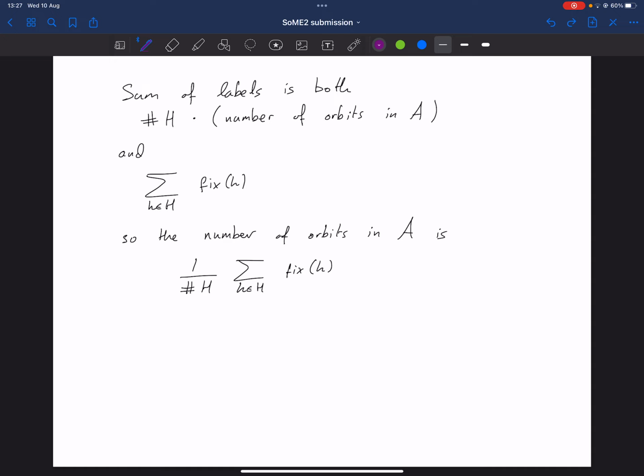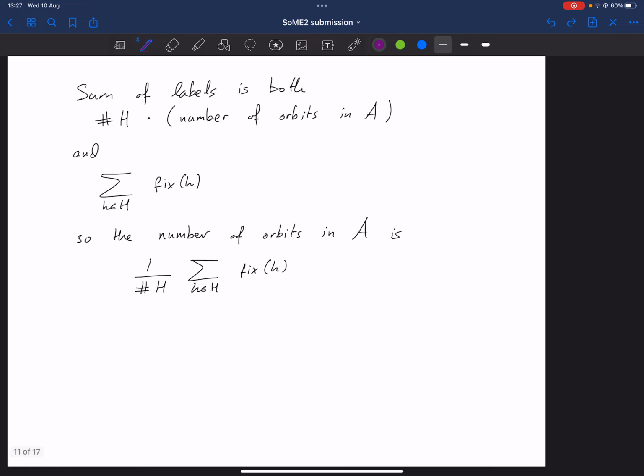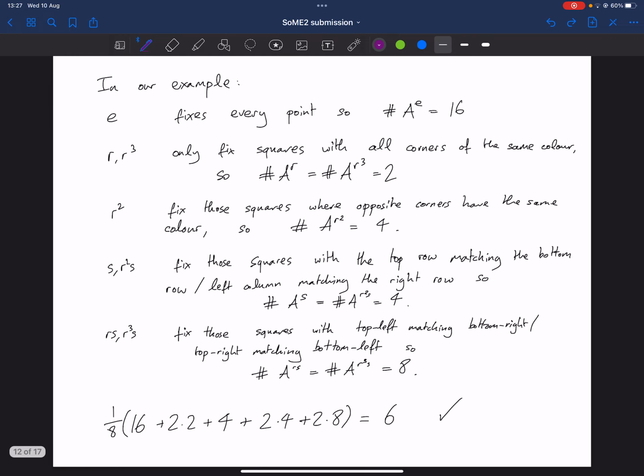If we equate these and rearrange, we get an expression for the number of orbits in A. It's 1 over the size of our subgroup H multiplied by the sum over H of the number of fixed points of our element. This is going to be extremely useful. We can double check that it is true for our example, and then finally we're going to move on to another example.